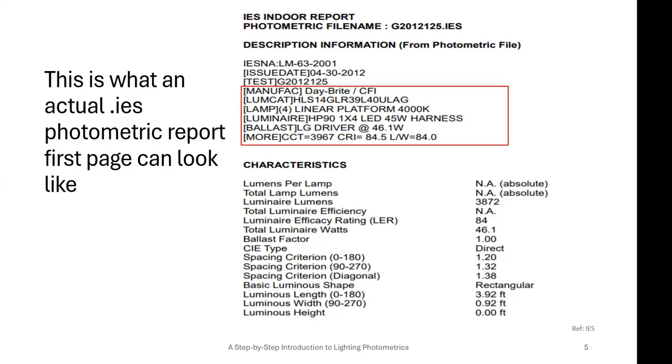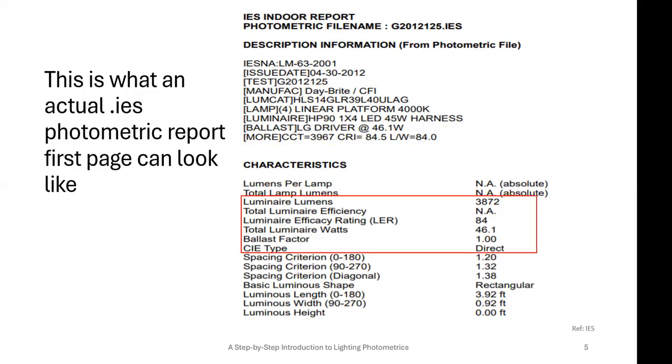Then you go to the next characteristics and you'll see lumens, luminaire efficiency, the total luminaire watts, the ballast factor, the CIE type, which we'll cover later today. That ballast factor is 1.0, so that's in a laboratory. And then you'll see some additional things.